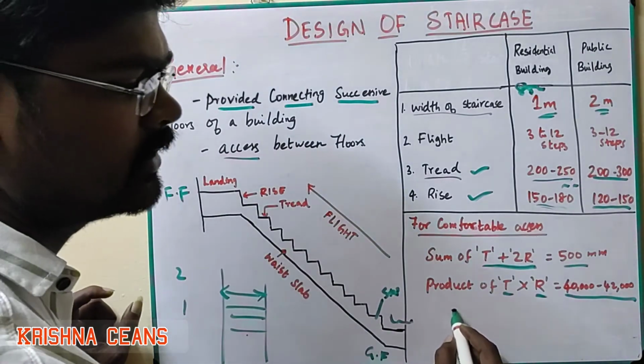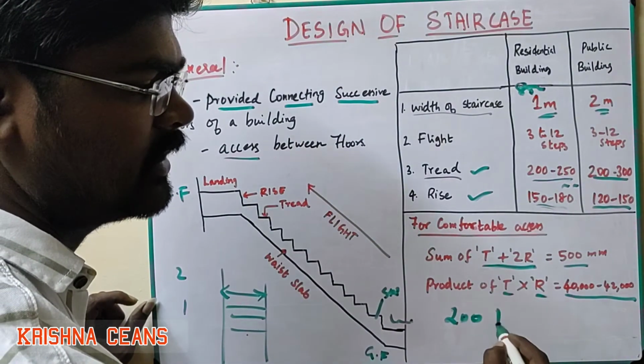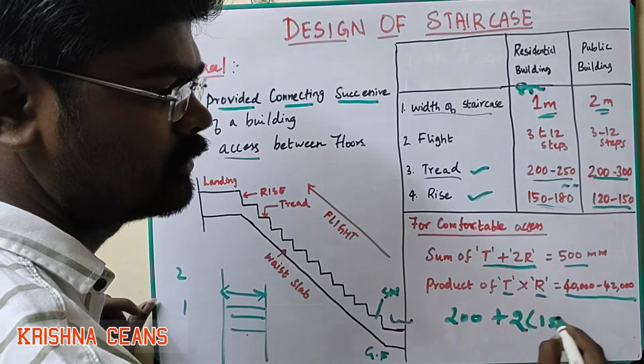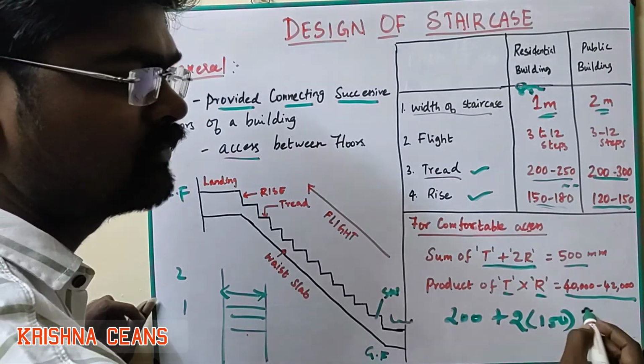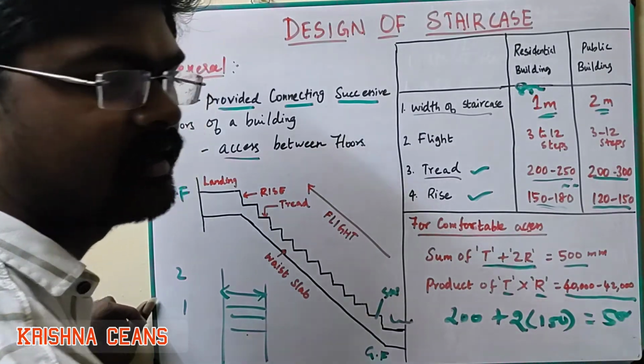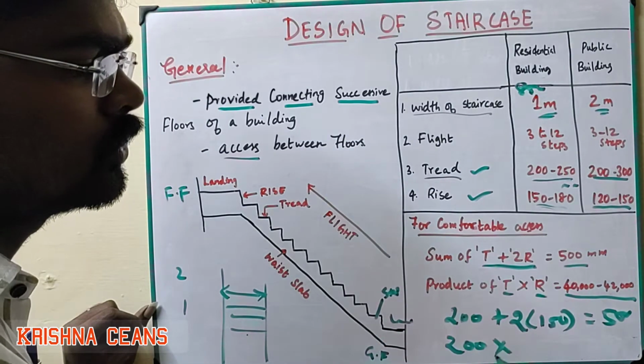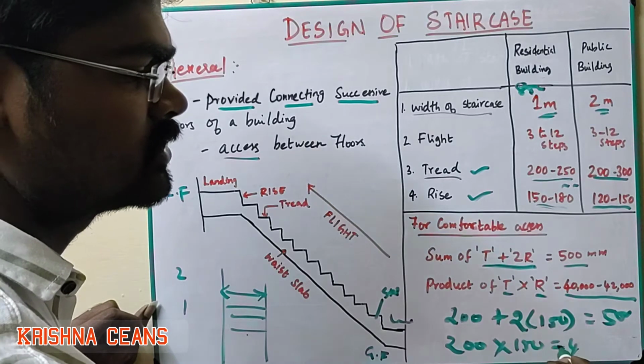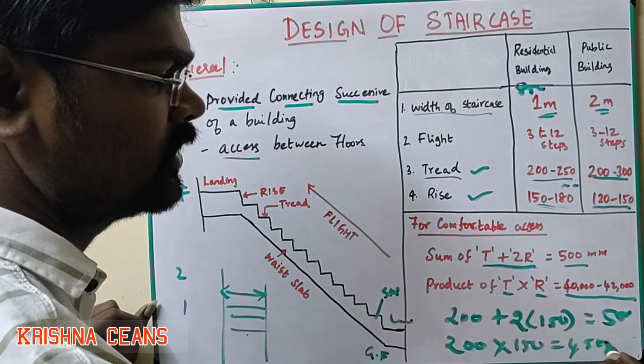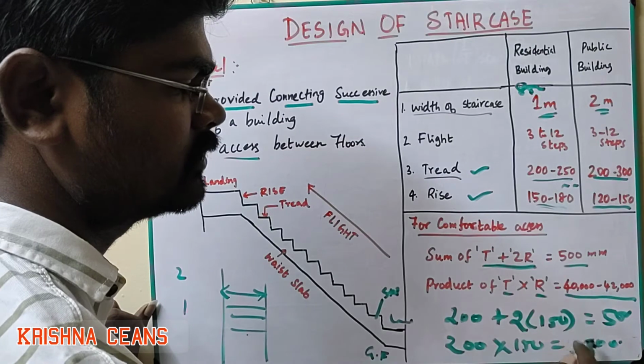If you choose tread as 200 and rise as 150, then 200 plus 2 into 150 should come under 500. Like that we have to choose.